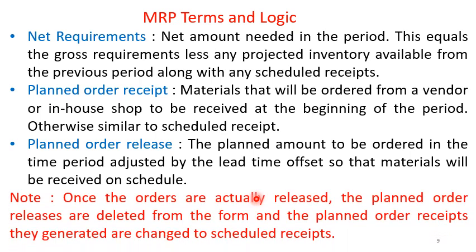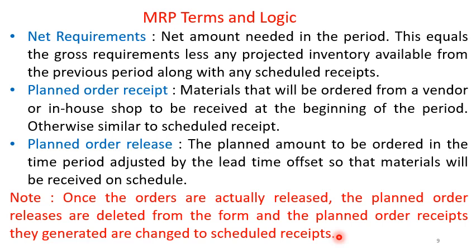Now a small note here: once you actually release the order, the planned order releases are deleted from the form and the planned order receipts they generated are changed to scheduled receipts. So scheduled receipts are nothing but planned order receipts which are executed. Both are same. The only difference is scheduled receipts where the order is already done but material is expected, in planned order, yet to be ordered.